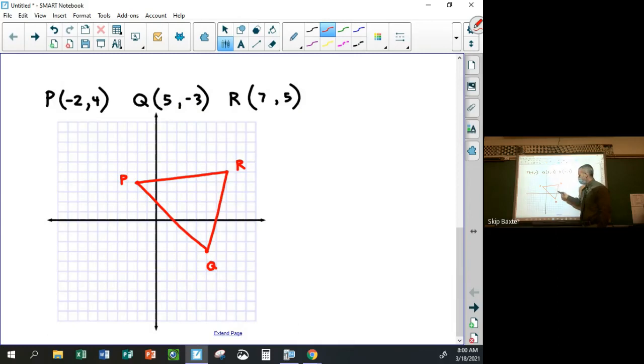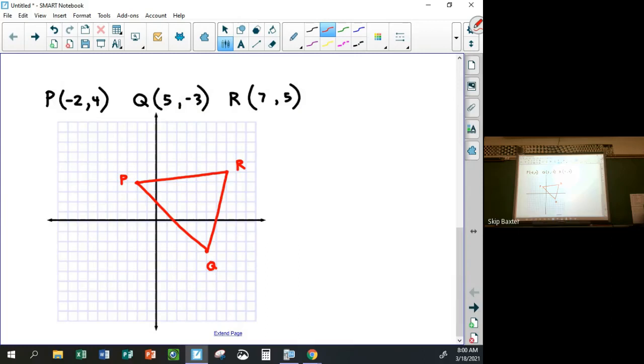But then you'd have to figure out what the point is that would go perpendicularly to PR from Q. It seems like it would be difficult to do. Or I could use PQ as the base and then the altitude from R. But it's the same issue. I'd have to figure out where the altitude from R would actually land on PQ in order to calculate its distance. So it would be sort of a hard process.